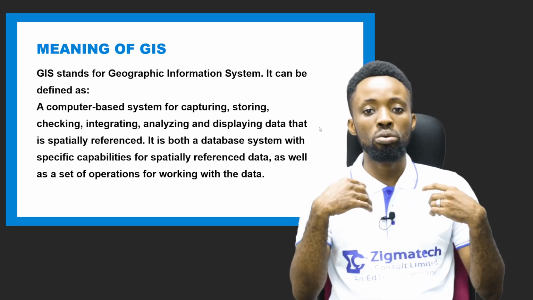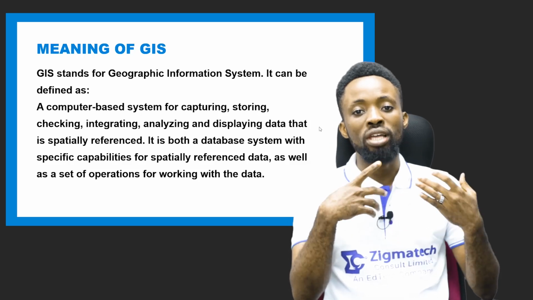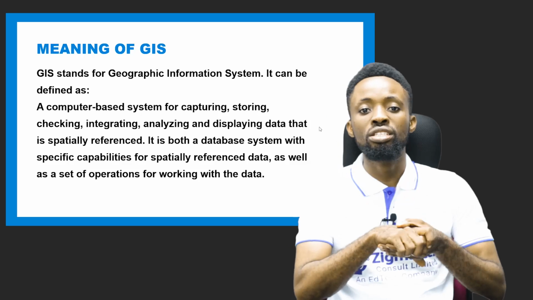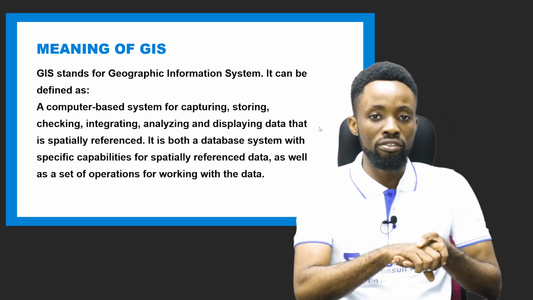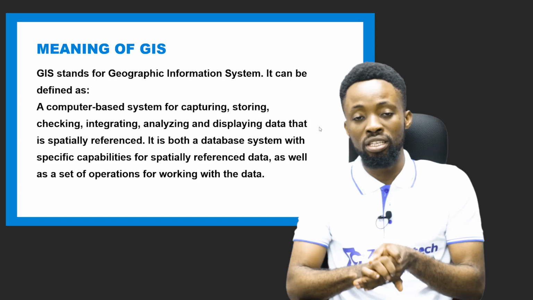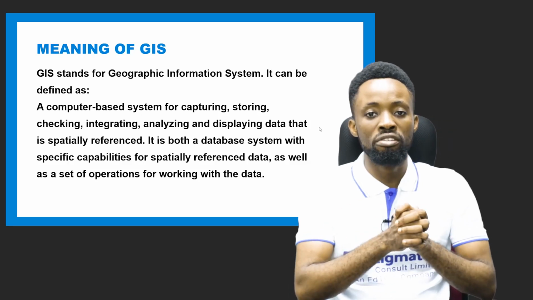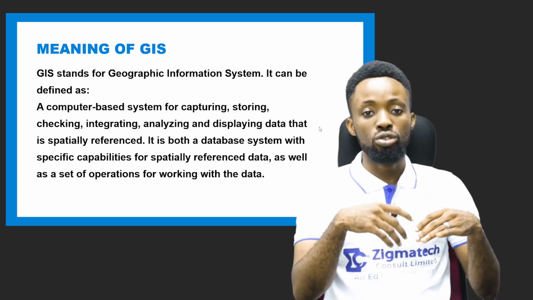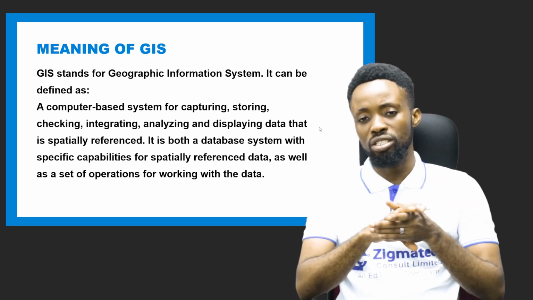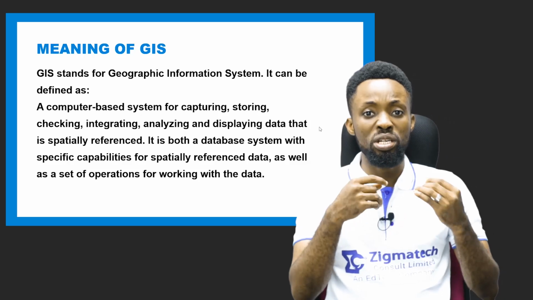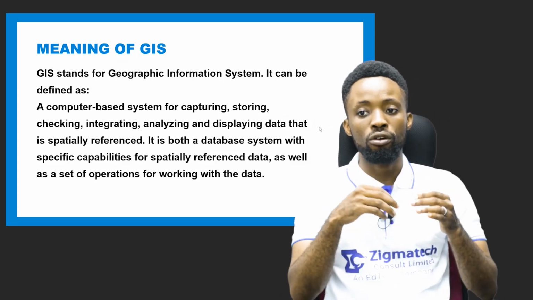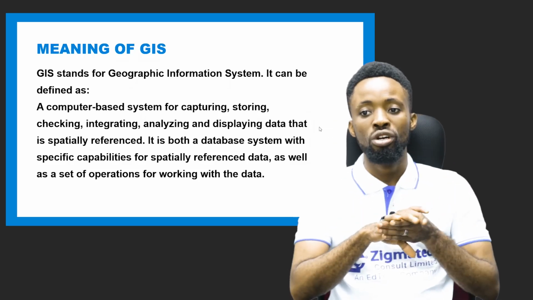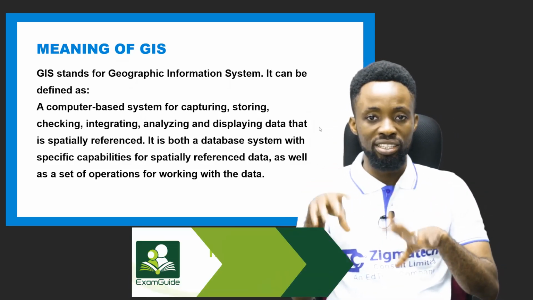Or you can say that GIS is a computer system that captures geographic data, analyzes it, processes it, stores it, and presents it in a form called what? Information. So GIS is both a database system with specific capabilities for spatially referenced data, as well as a set of operations for working with the data.